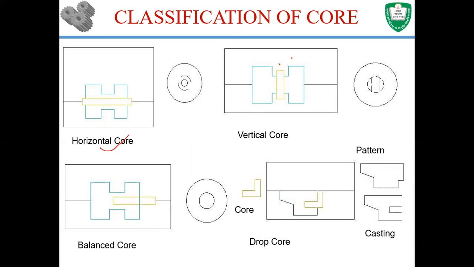If it is placed vertically, it is called a vertical core. If a certain portion of the core is in the cavity and a certain portion is placed into the mold so that you can hold it, and it is one sided, not covering the entire cavity, then it is called a balanced core.